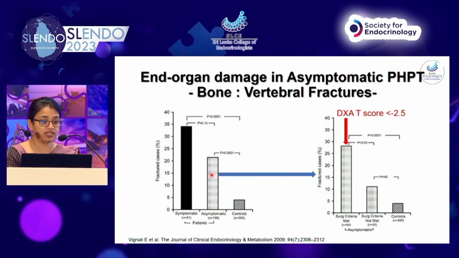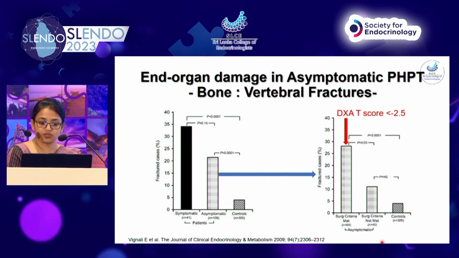In analyzing the asymptomatic group, the investigators have shown that those who had a DEXA T-score less than -2.5 had a relatively higher number of cases with fractures compared to the group who did not have a DEXA score less than -2.5.